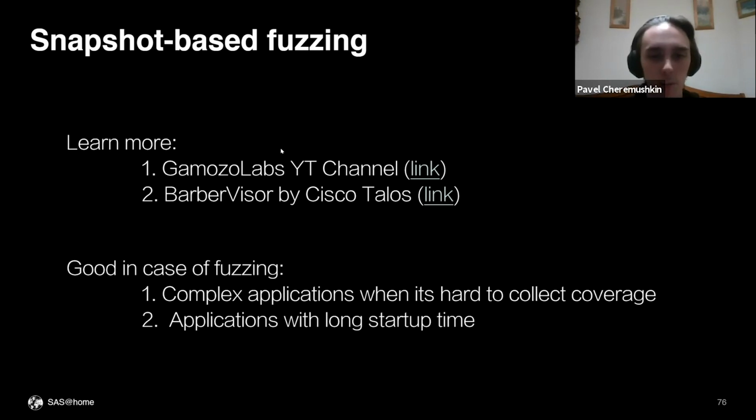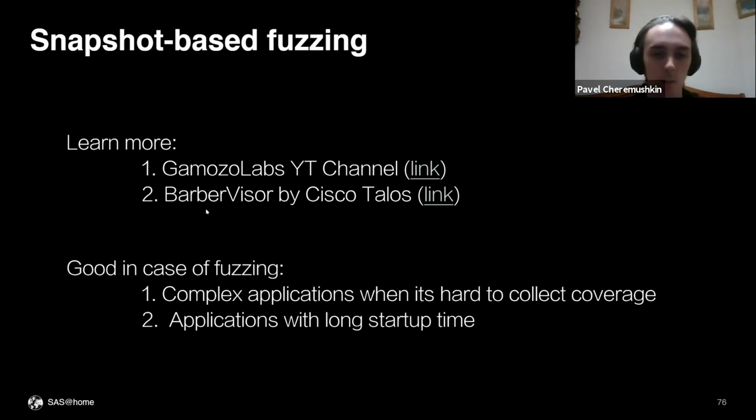So if you're seriously looking into it, I would recommend you watch the video about writing a deterministic hypervisor, or Orange Slice, I think it is named. And there is a really good article if you don't like video content and prefer reading, about a hypervisor called Barbervisor, maybe because it is written in Rust, a hipster language, by Cisco.